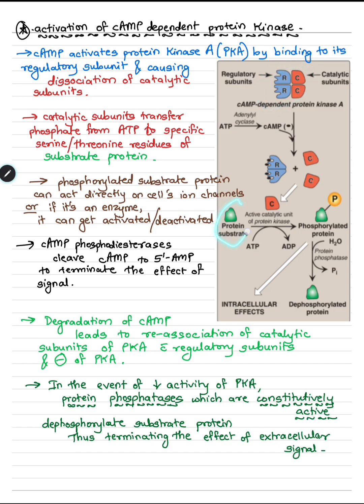That means the protein which it was phosphorylating, the phosphorylated protein then will be cleaved by protein phosphatase, which is constitutively active. It is active all the time. But because of this protein kinase A not being there to phosphorylate it anymore, whatever was phosphorylated by protein kinase A, that also gets dephosphorylated by protein phosphatase, and then that effect of extracellular signal gets terminated.